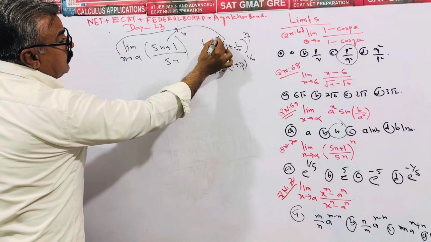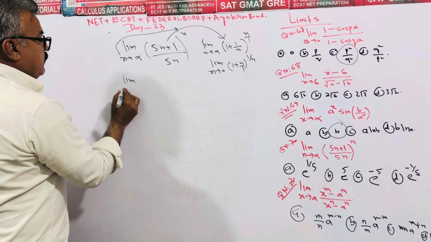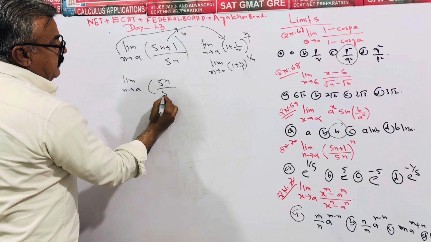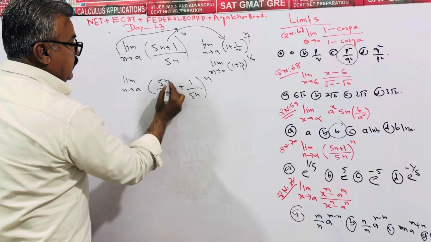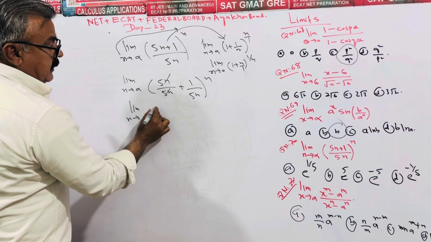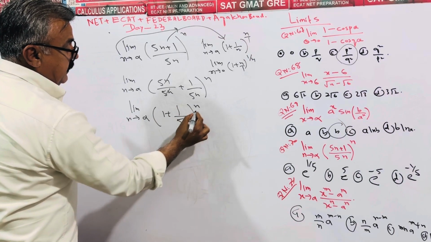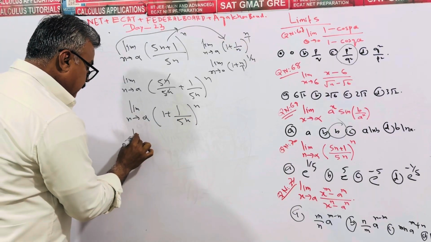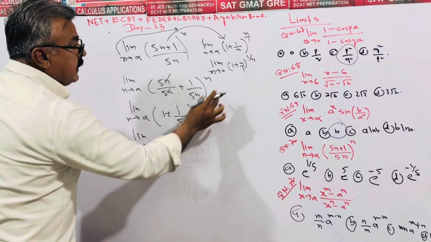Try to shape this question like this by dividing 5n by 5n separately. The 5n cancels out. Now our question is taking shape: 1 plus 1 over 5n, raised to n. There is 1 over 5n, so there must be 5n over 1 in the power. So divide and multiply by 5 in the power to get this identity.